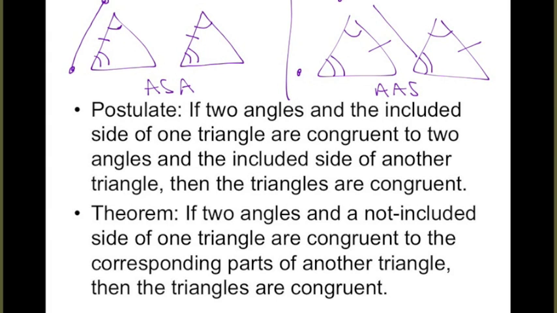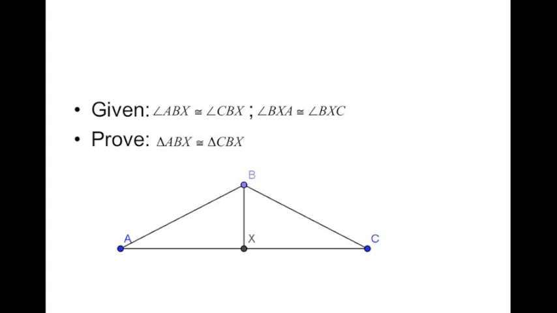Okay. So we determine the difference by looking at the side that we have and seeing if it's connecting the 2 angles that we know, or if it's one of the other 2 sides. So we're going to start with our given.